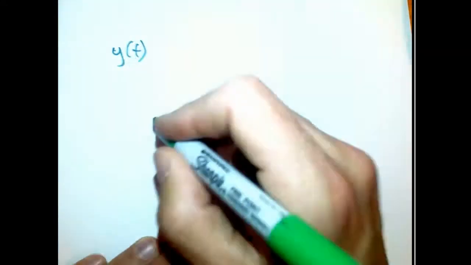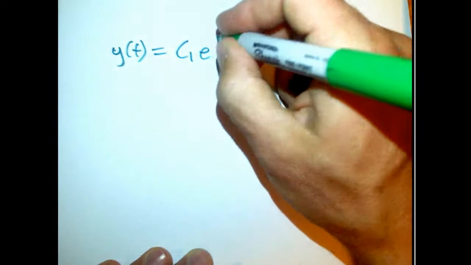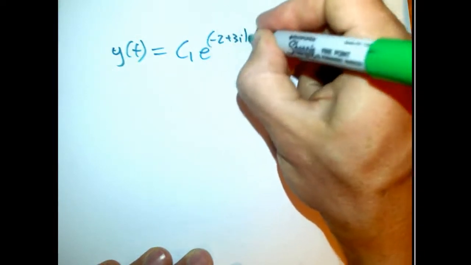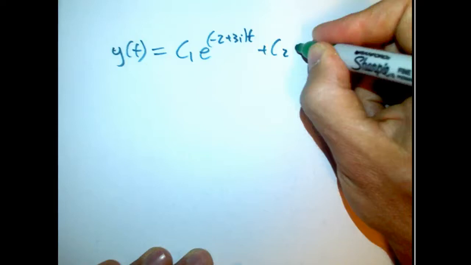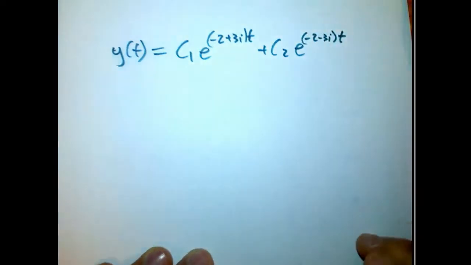So this is almost finished with part A, which is actually part of A and B, and starting part B. It's going to be some multiple of e to the minus 2 plus 3i all times t, and then e to the minus 2 minus 3i all times t.